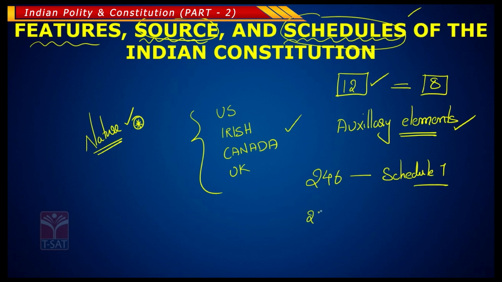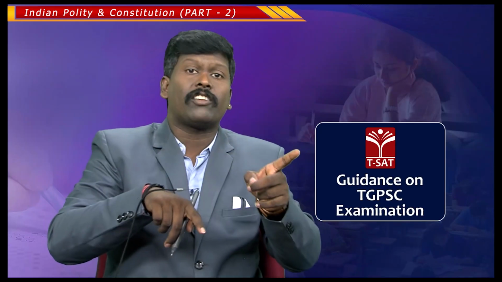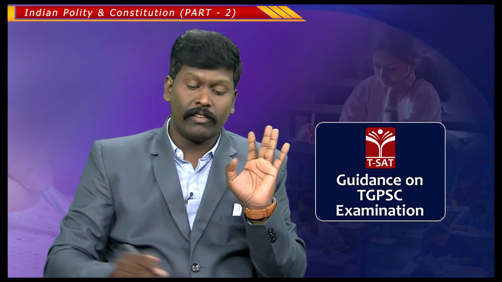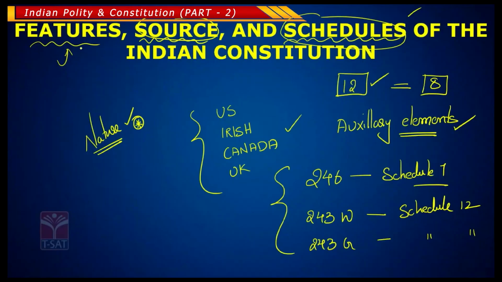Article 243W is linked to Schedule 12. Article 243G is linked to Schedule 11. So, important articles of the Indian Constitution are further explained in detail in your schedules. So, today in this class, we will focus on the features, the source and also the schedules of the Constitution.